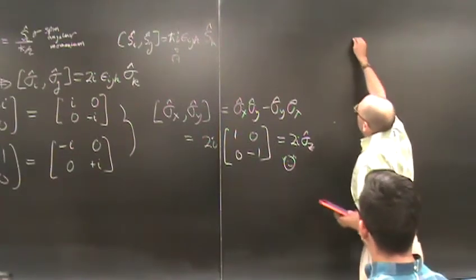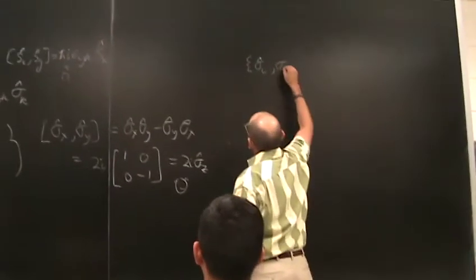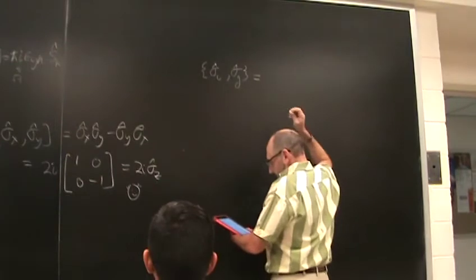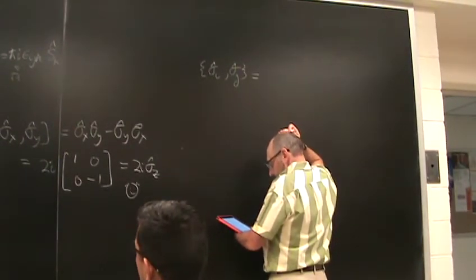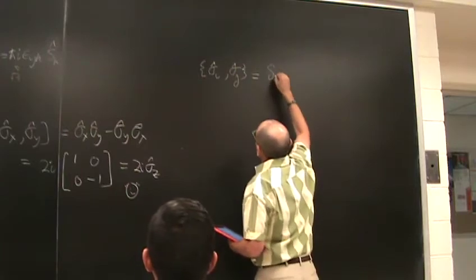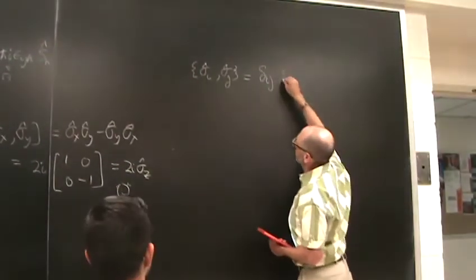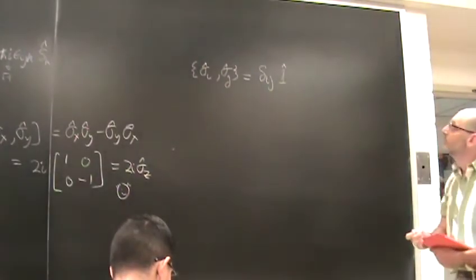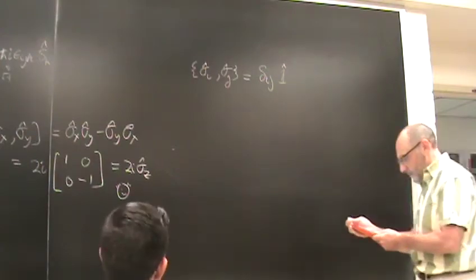But the anti-commutator of the Pauli matrices is, there's no two here. It's going to be 2.